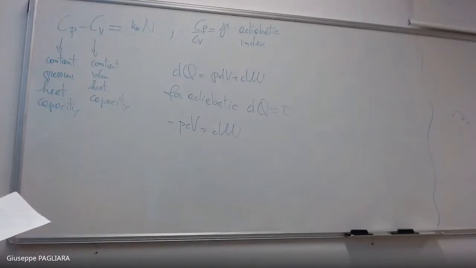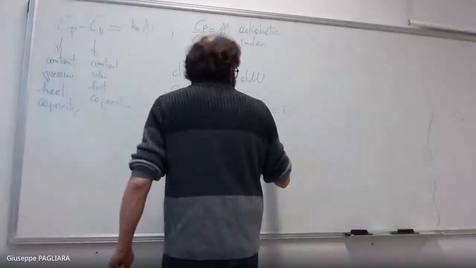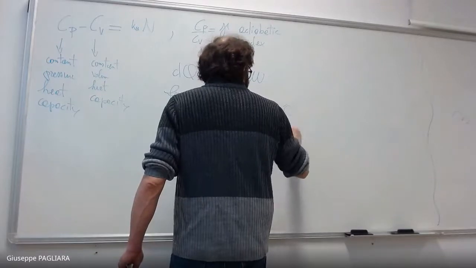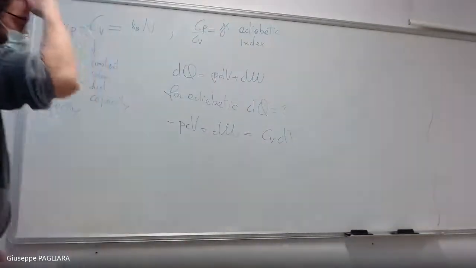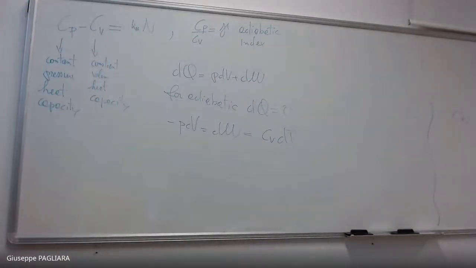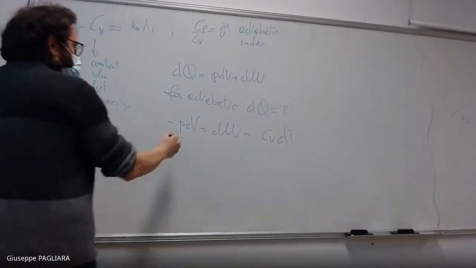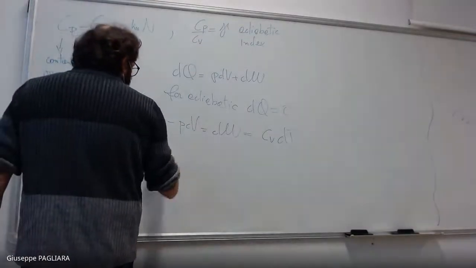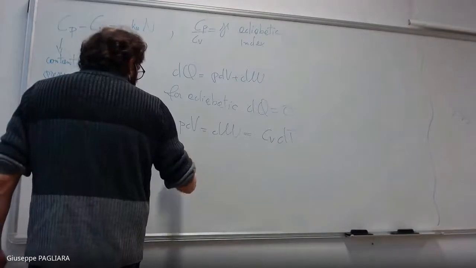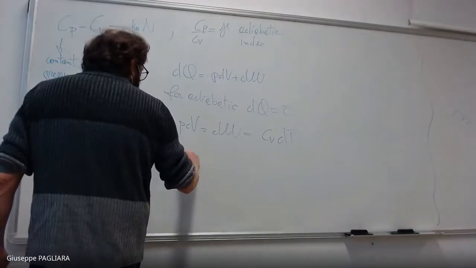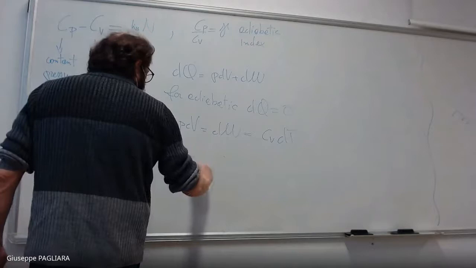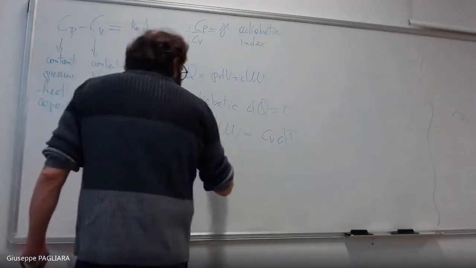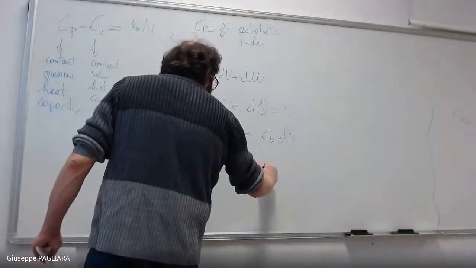And du, in turn, is equal to Cv dt. Okay, now it's a matter of exercise. You can insert here, instead of the pressure, you can put minus N kB temperature divided by the volume, dV, and this is equal to Cv dt.